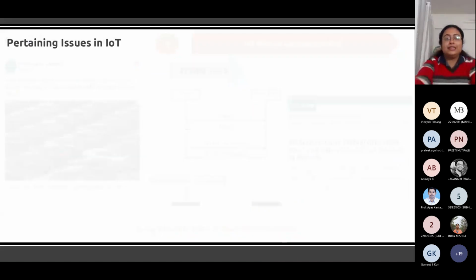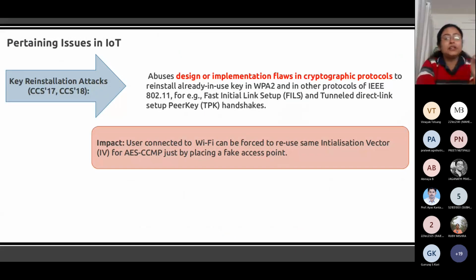Now another test case is that in CCS 2017 and 18, an attack came up. The name of the attack is the key reinstallation attack. They target Wi-Fi. If you look in the settings of your mobile or computer, there are many security levels, like no security, then WEP when you connect your Wi-Fi router with your laptop, then WPA, WPA2, WPA3, and so on.